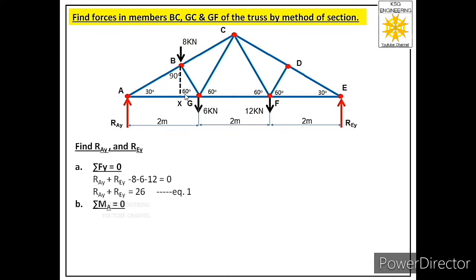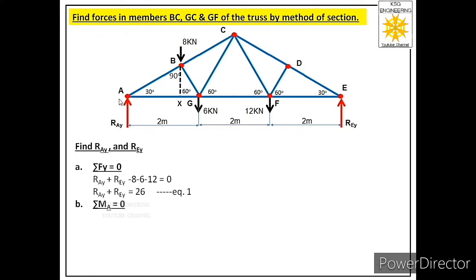We will say cos 60 is equal to XG divided by BG. So BG we have already calculated from triangle ABG. So we can get value of XG. So once we get value of XG, we can subtract that value from 2 meters, then we will get AX.